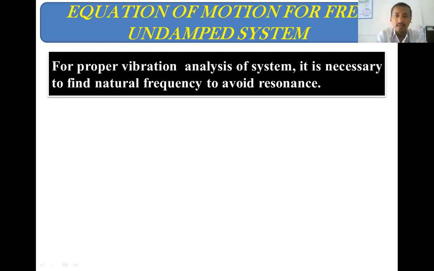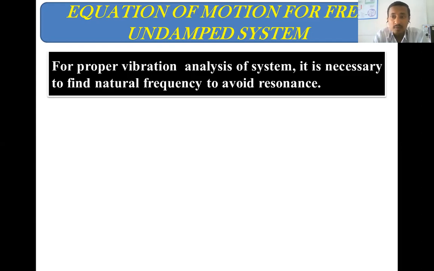For proper vibration analysis, it is necessary to find the natural frequency of the system to avoid resonance. If you want to make any vibration analysis of any system, the ultimate aim is first to find its natural frequency so that we can avoid the resonance.